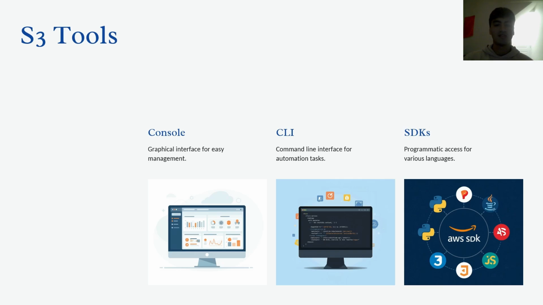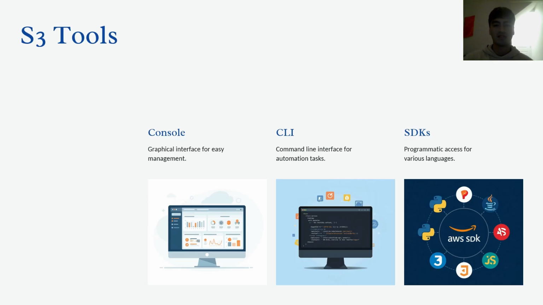To work with Amazon S3, AWS provides several tools. The first is the AWS Management Console, which offers a graphical interface. This is great for beginners because you can upload files, create buckets, and configure permissions with just a few clicks. The second is the AWS CLI, or command line interface. This tool allows automation through commands and scripts.